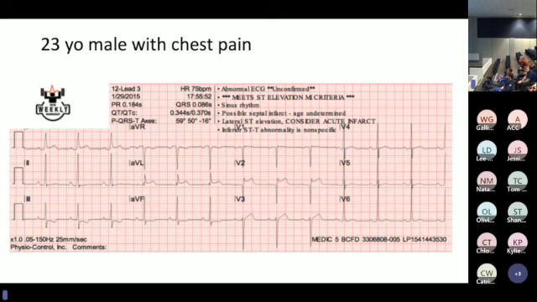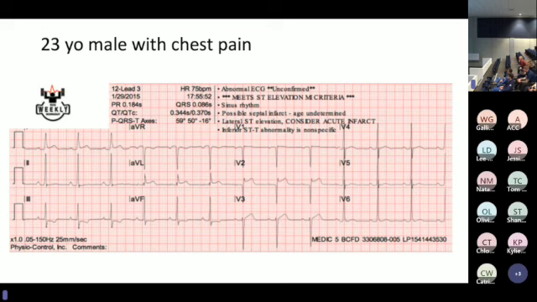So probably some kind of LAD occlusion, with some inferior reciprocal change.